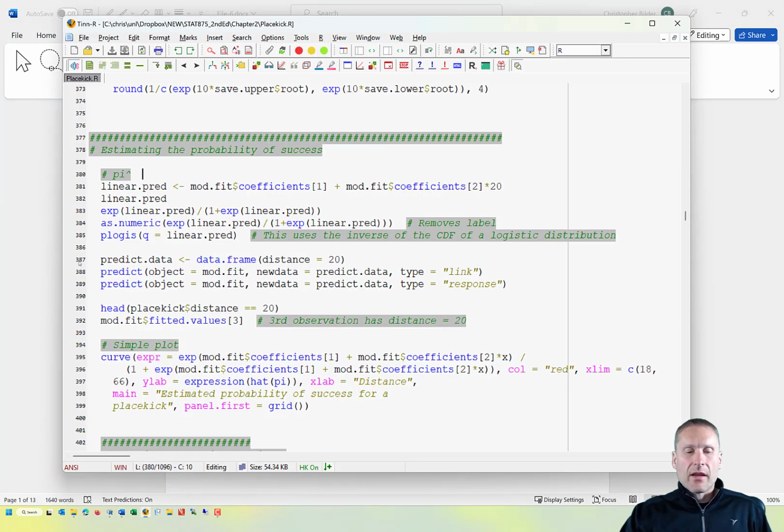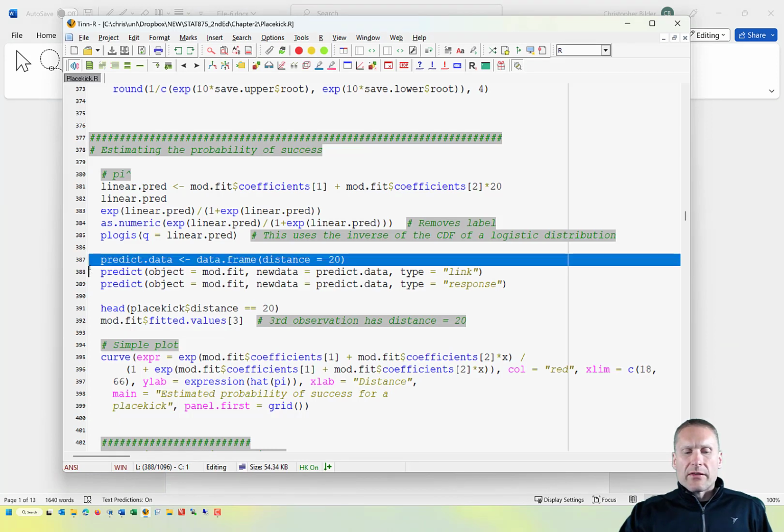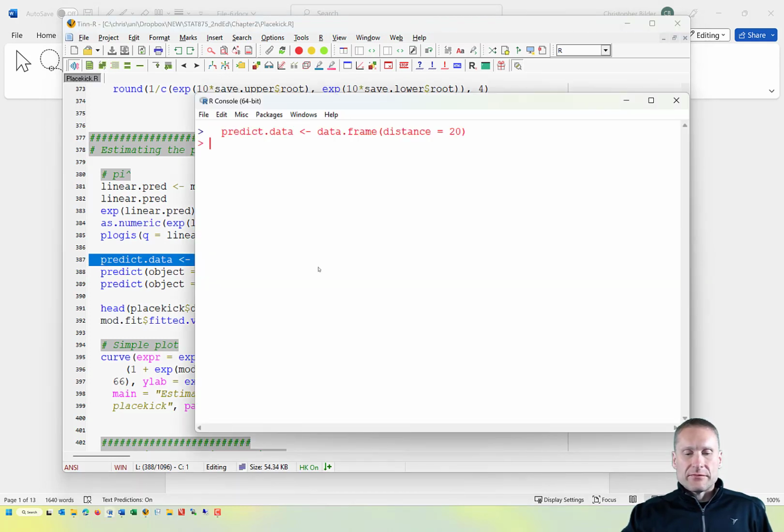First, I'm going to create a data frame in R that contains my values of distance that I'm interested in predicting at. So I say data.frame distance equal 20. I put that into an object called predict.data. And if I just type predict.data, I see I have a data frame with distance of 20.